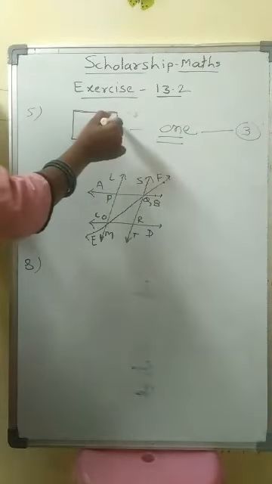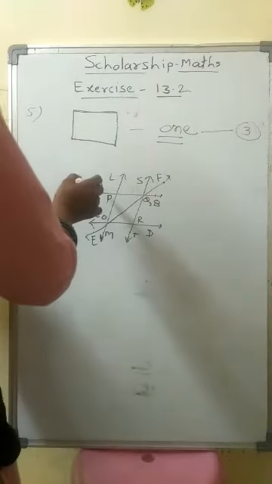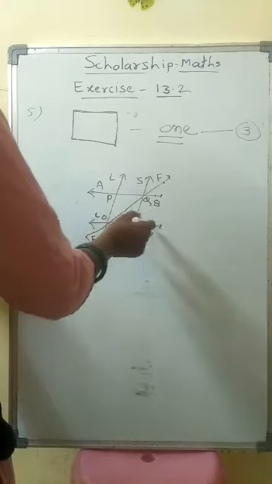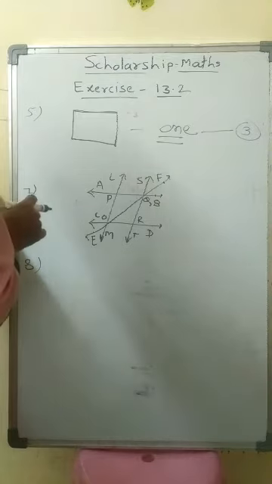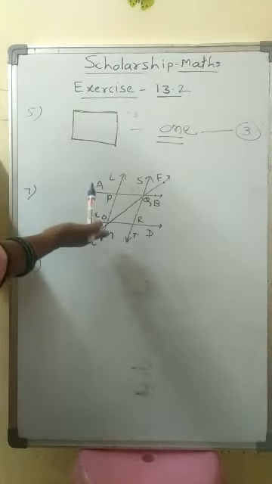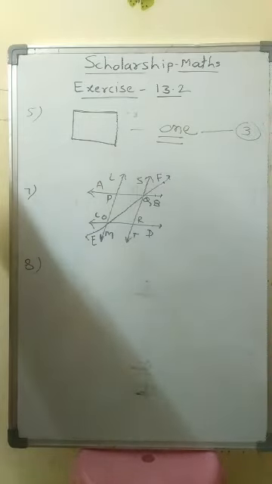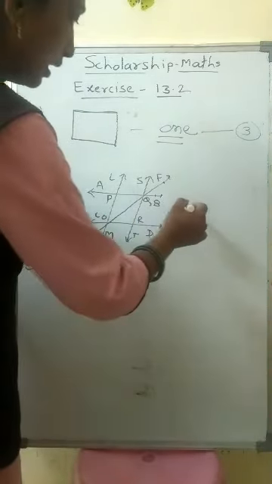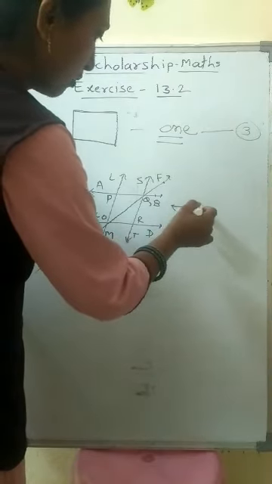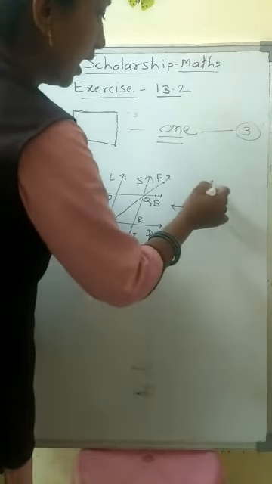And now the next, the seventh one: line AB, line CD, line LM, line ST and line EF. Look here, these lines are given and intersect each other at distinct points as shown in the figure you can see on the board. So find the number of pairs of opposite rays formed. You know very well that two rays form a line.